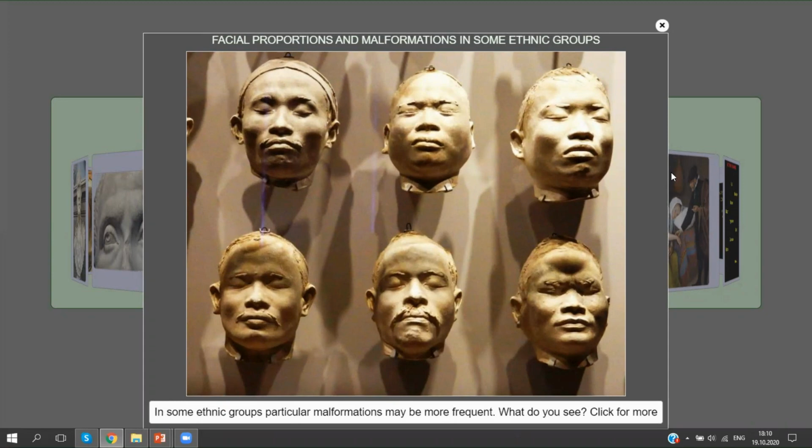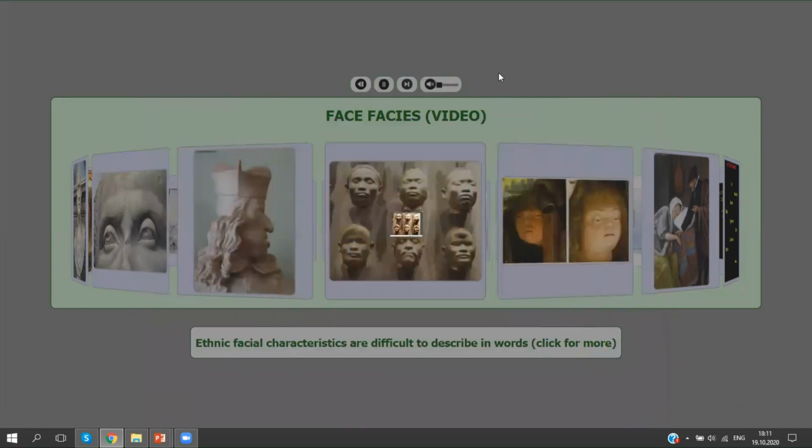That particular malformation in the European population would be a very serious medical matter, but not so much in Malaysia, which these individuals are from. What does it show? It's a frontal encephalocele. So again, you see a connection of medicine, face, facies. Next image, please.